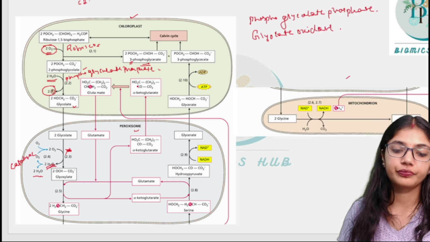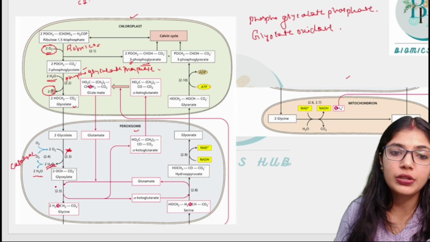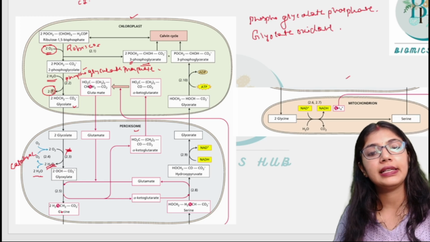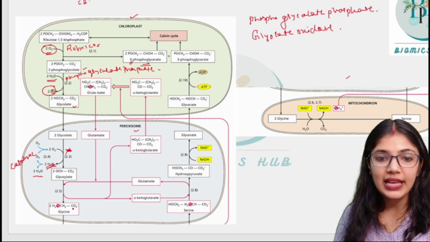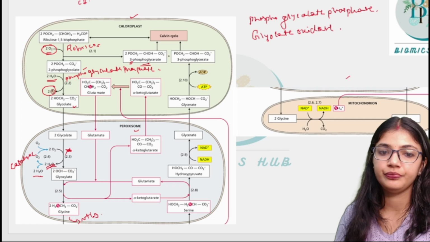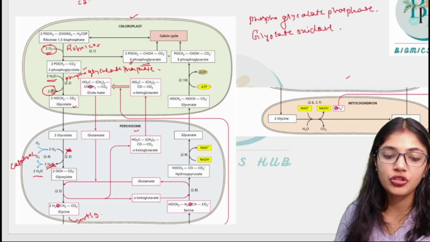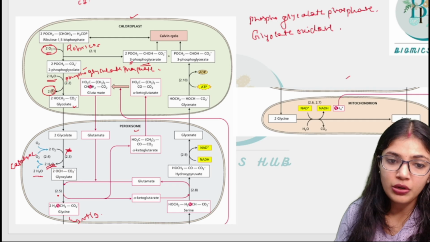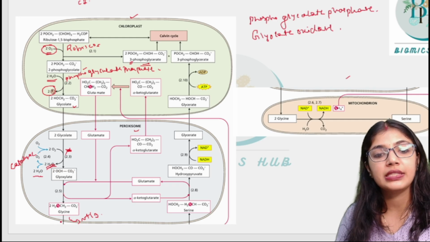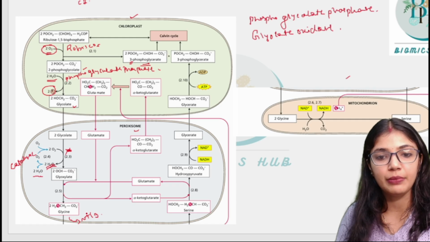Now the glyoxylate is converted into glycine. This glycine has an NH3 group with it. As it is being converted into an amino acid known as glycine, where is this NH3 coming from?